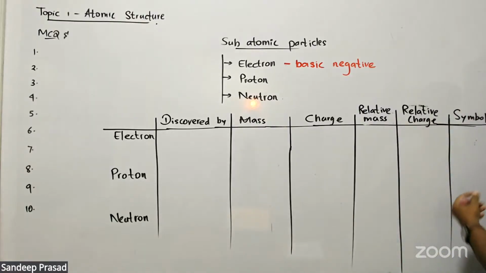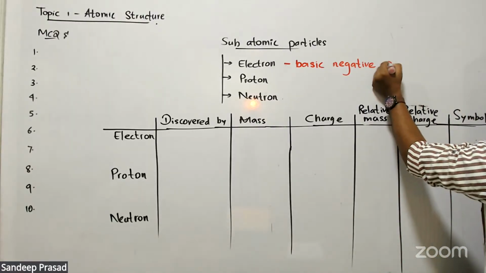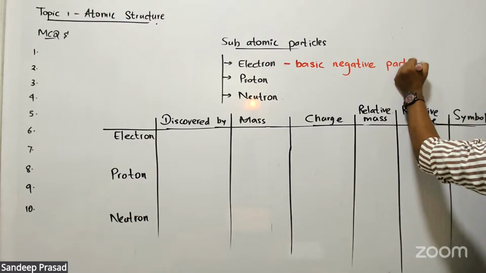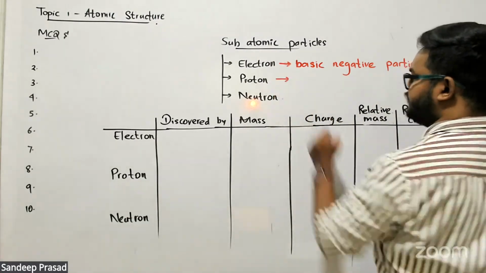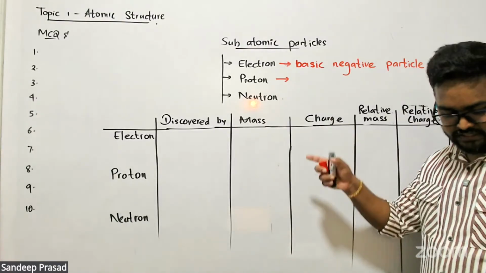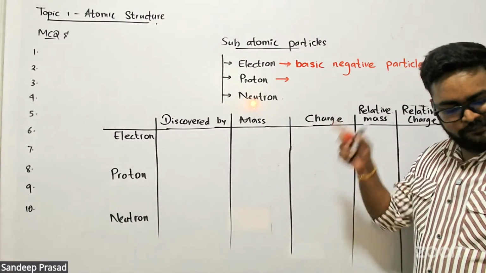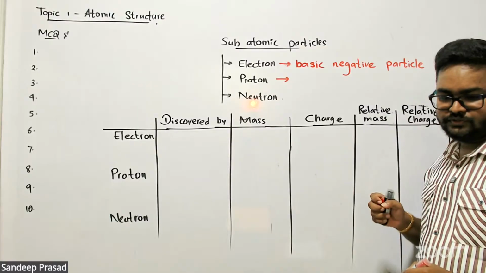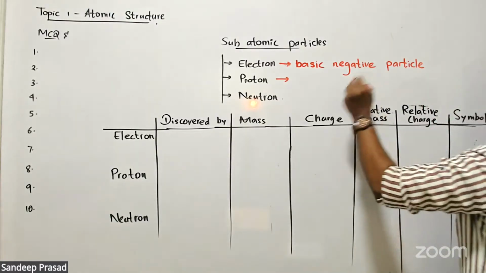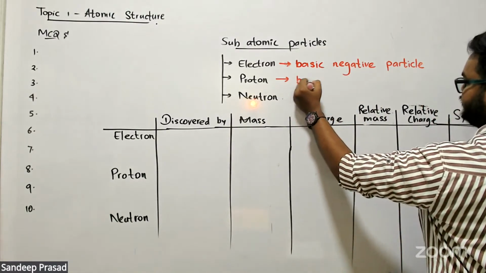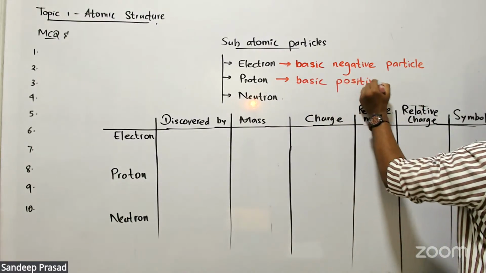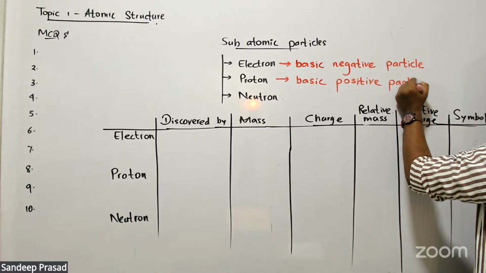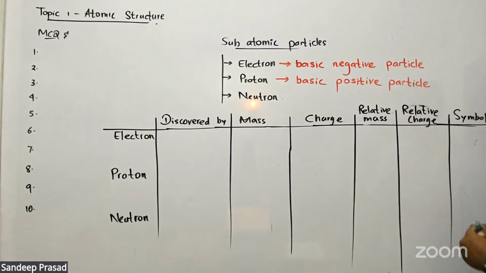If I consider the atom, the basic negative particle in the atom is electron. Then what is proton? This question is related to proton. They are asking which subatomic particle carries a positive charge. So remember, the basic positive particle is proton.